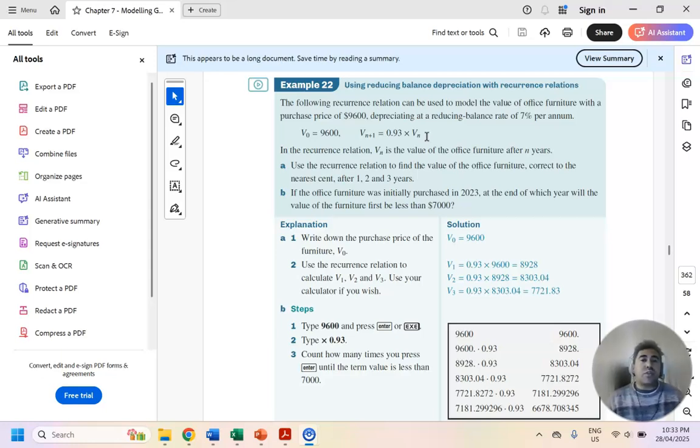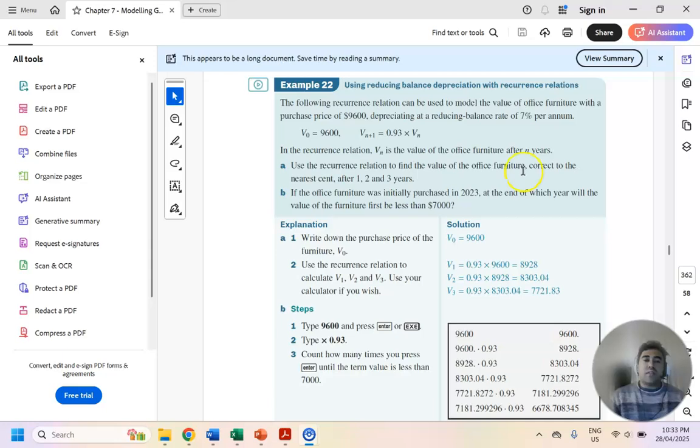And example 22 looks into reducing balance depreciation with recurrence relations. So here we have a recurrence relation that can be used to model the value of office furniture that has a purchase price of $9,600, and this depreciates at a reducing balance rate of 7% per annum.